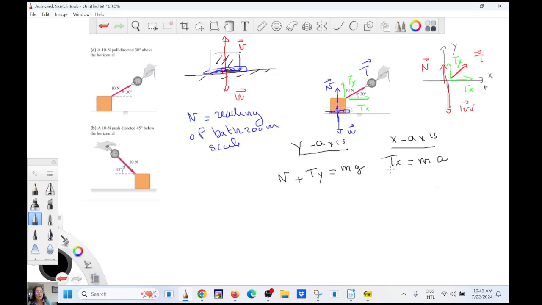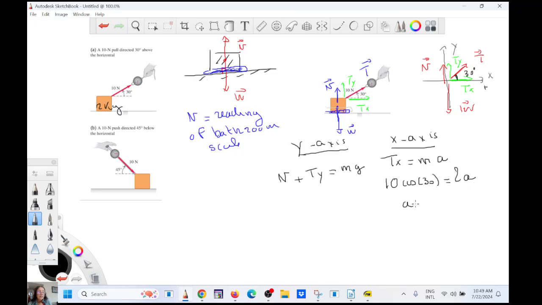For the x component, here you have 30 degrees. It's in the first quadrant, so I don't have to think about trig. The angle is with the positive x-axis, so it's always cosine. It's T in magnitude, so 10 cosine 30 equals the mass, which I think is 2 kilograms, times the acceleration.